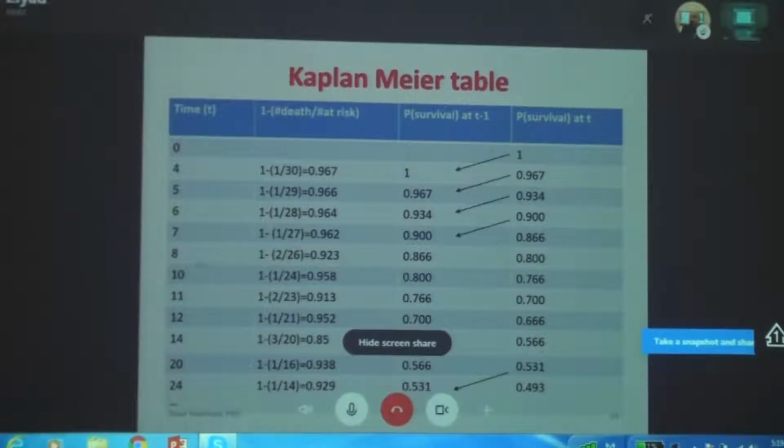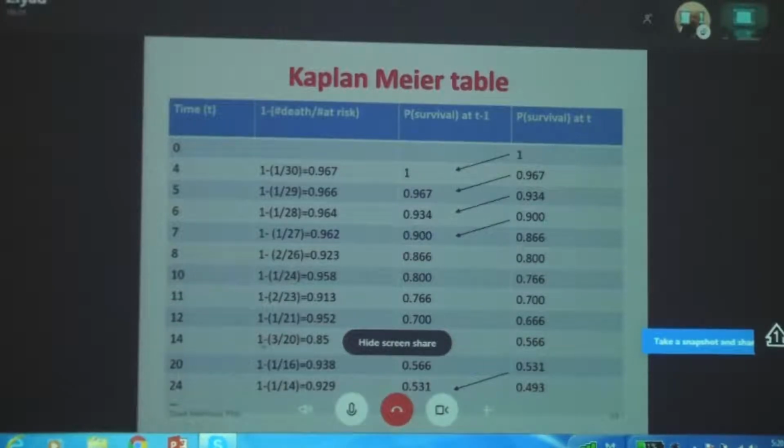If you look here at week 8, we had 2 deaths from the remaining 26 on the study. So it's going to be 1 minus 2 out of 26, 0.923, times the prior probability, is 0.8. Now we go to where we have censoring.